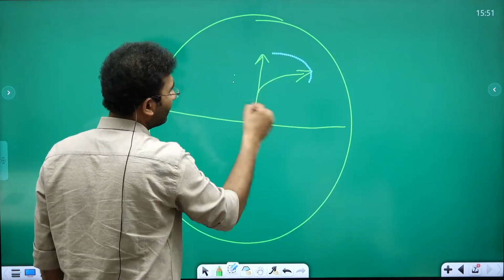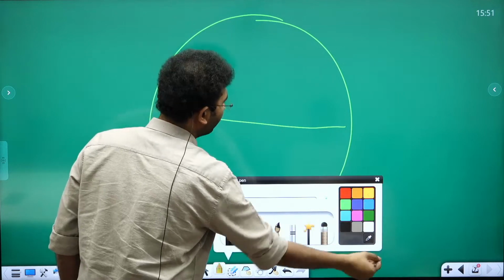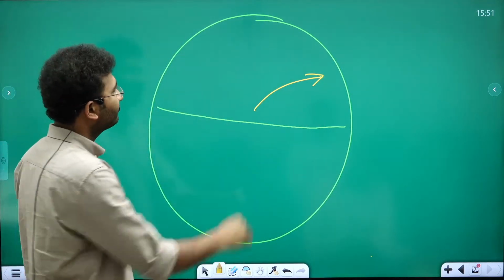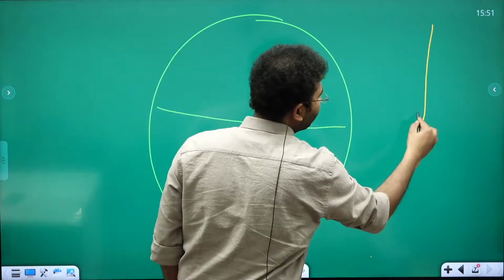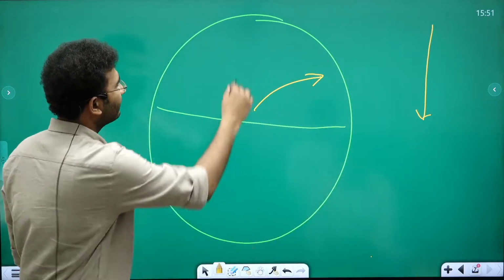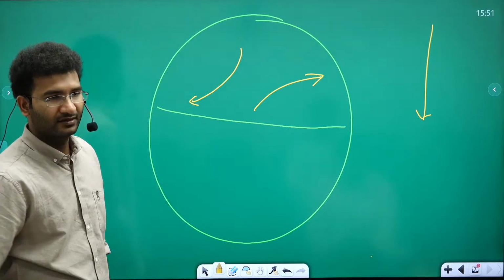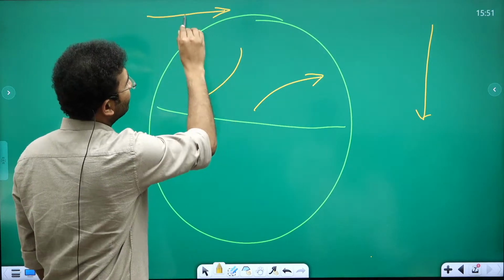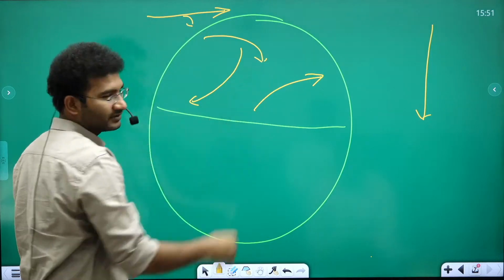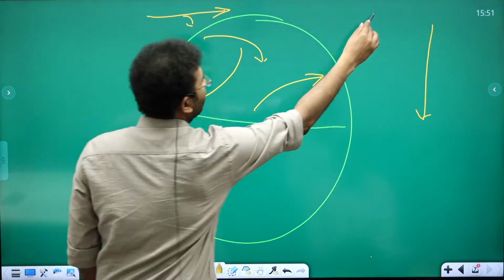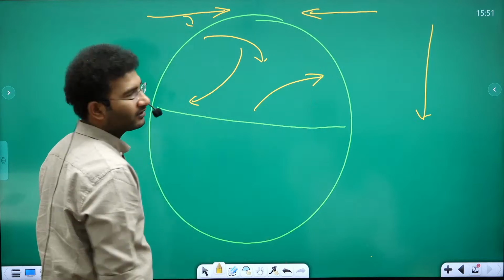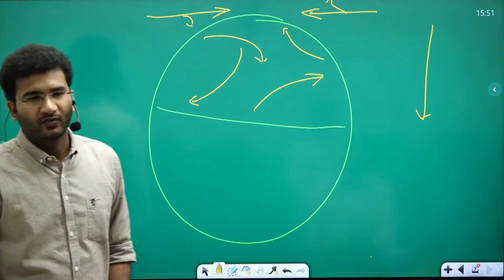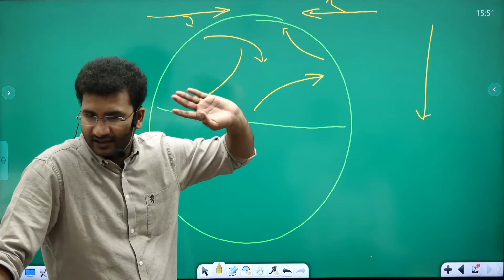It will not go in the same direction, but it does move in this direction. Similarly, whichever direction it moves in the northern hemisphere, its resultant direction will be deflected to the right. Why, I'll explain in the further classes.